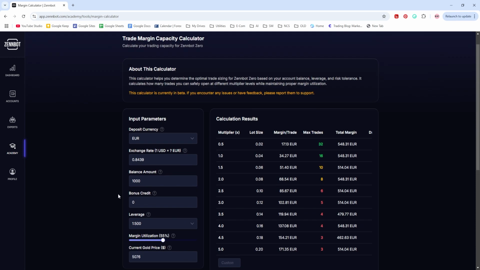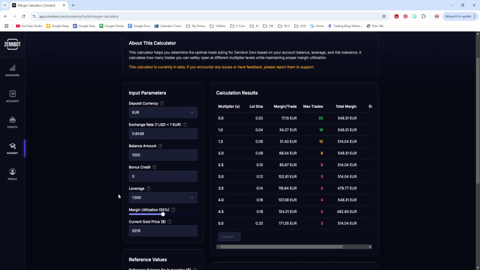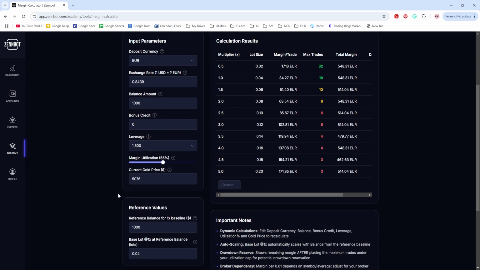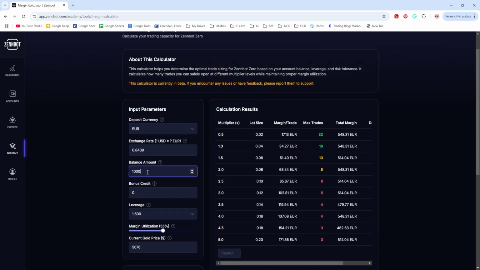So now let's look at the matrix right here. As I've mentioned before, we have a multiplier based on the default reference values right here. So let's say we have 1,000 bucks in our balance and we are using by default 1x multiplier, and by default we are gonna use the 0.04 lot size as minimum.